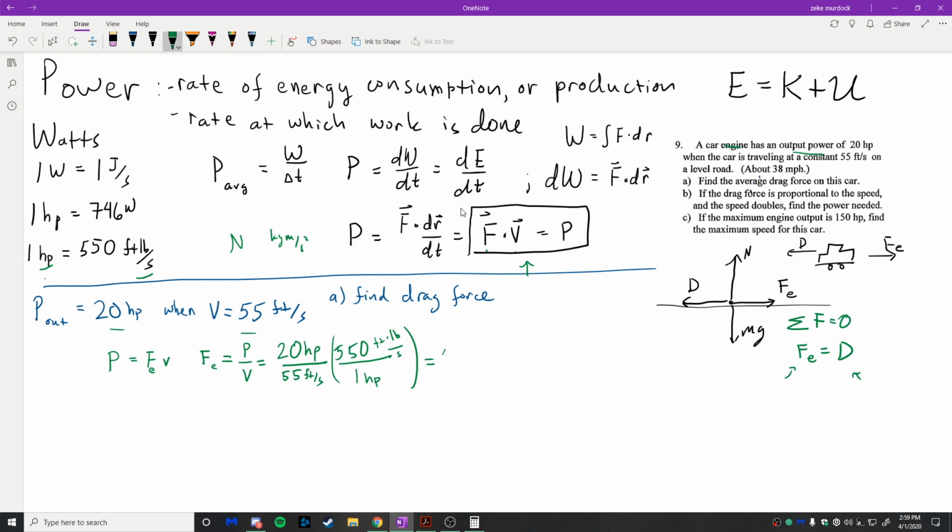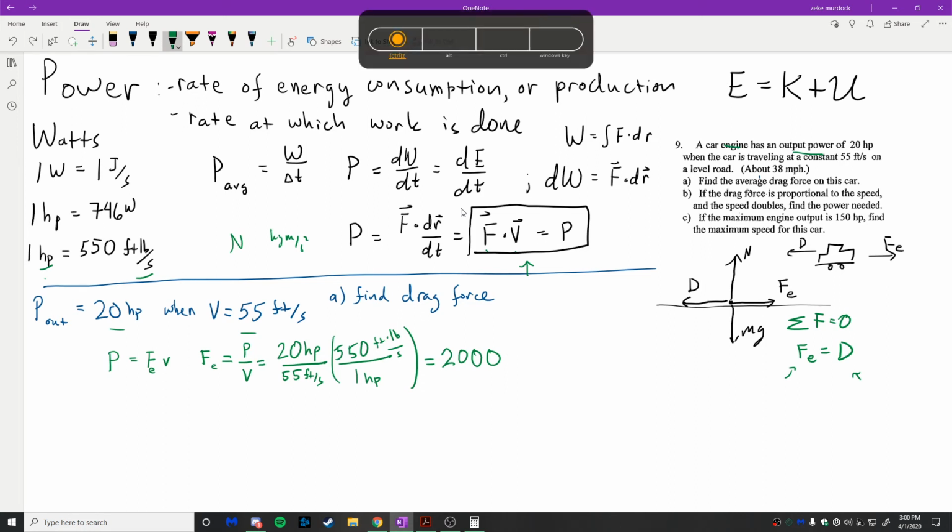I think we end up getting what? Let's see. 55 and 55 canceled. So this ends up being 100 times 20, which would be what? 2,000? Did I calculate that right? Oh, is it 200? It's 10 times 20.